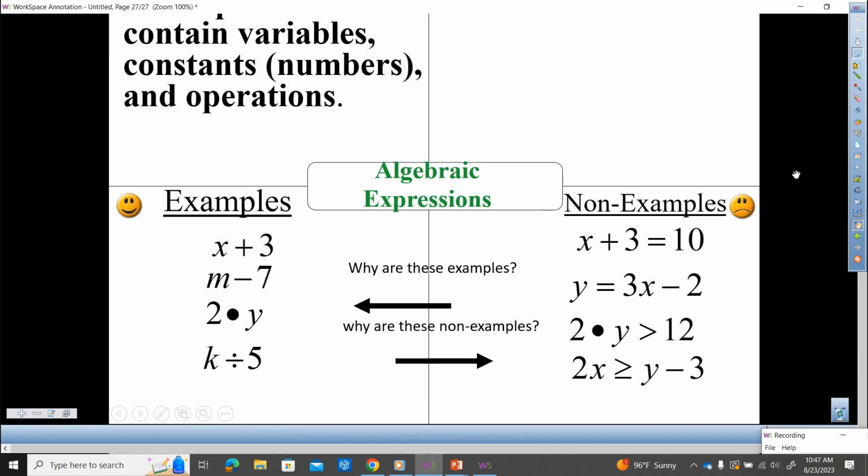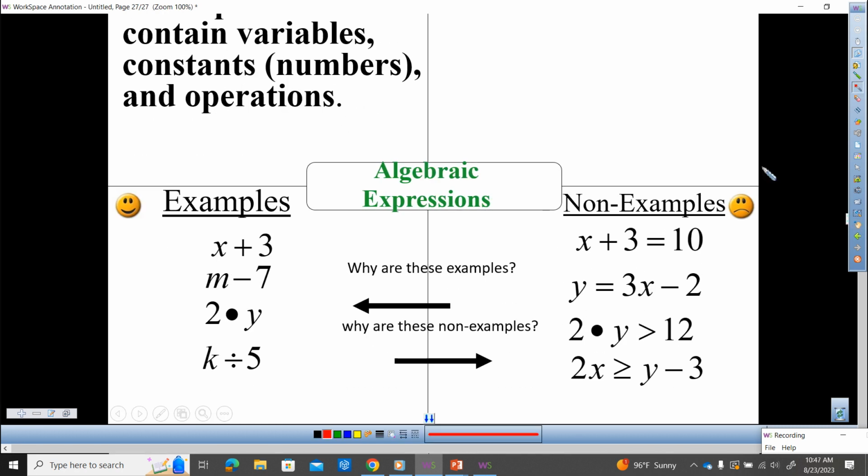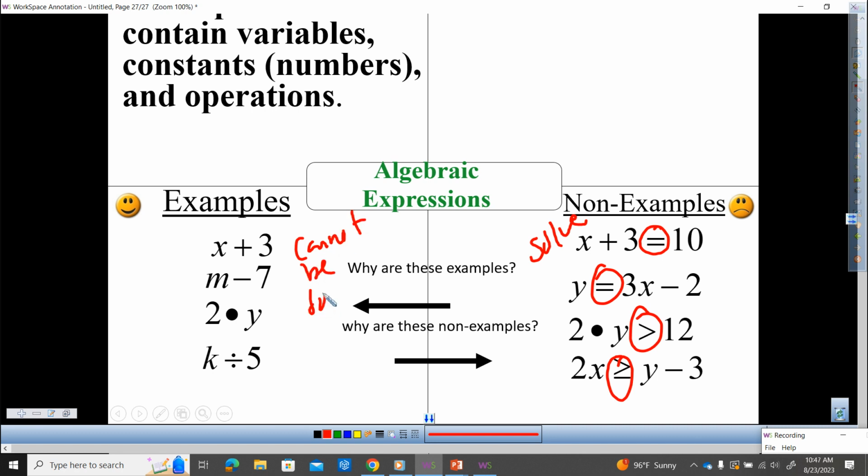All right, who saw the obvious? Hold on, before we leave. What do you guys notice on these? These have what? Equal signs and inequalities. That means these are solvable. Expressions cannot be solved. All right, we'll stop right there, guys.